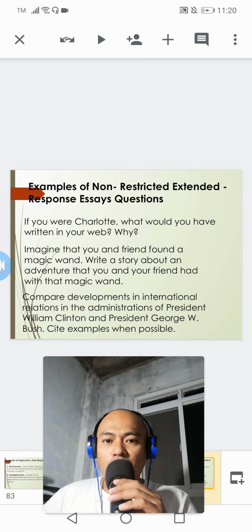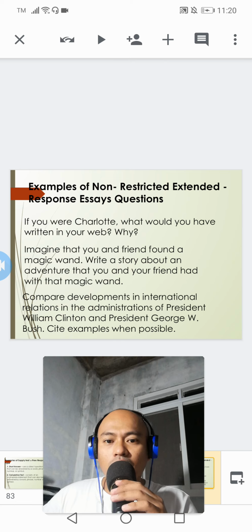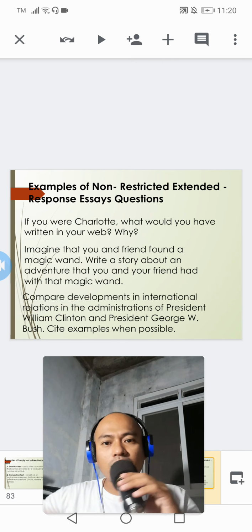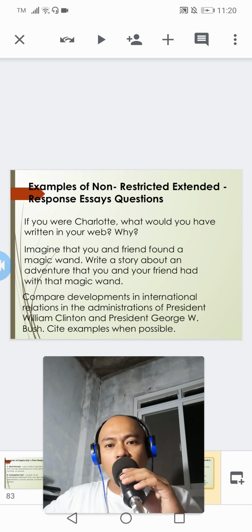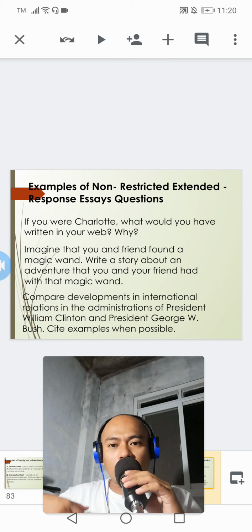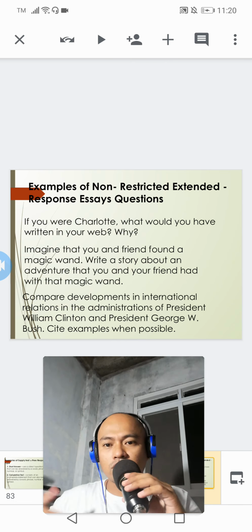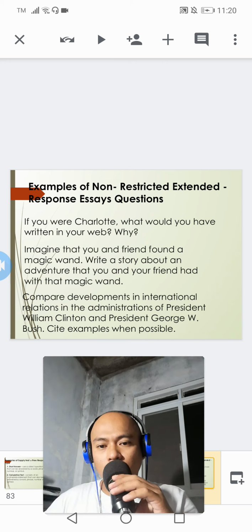For the third, compare the development in international relations in the administration of President William Clinton and President George W. Bush. Cite examples when possible. There are many examples that we can give during the administration of President William Clinton and President George W. Bush.